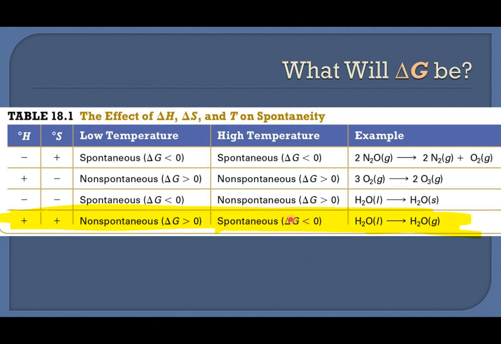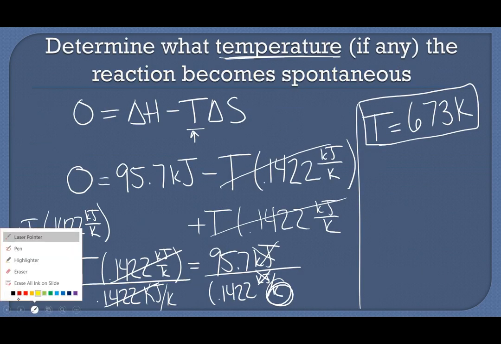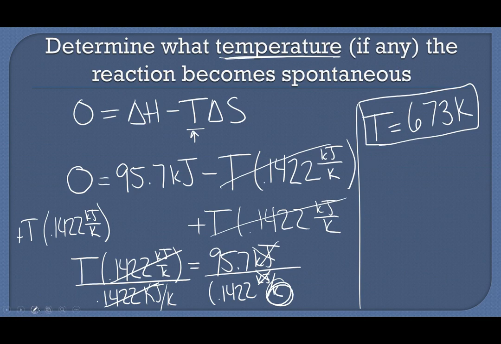So if it's spontaneous at high temperatures, that tells me that this reaction will be spontaneous above 673 Kelvin. Okay. So at what temperature, if any, does this become spontaneous? It becomes spontaneous above 673 Kelvin.